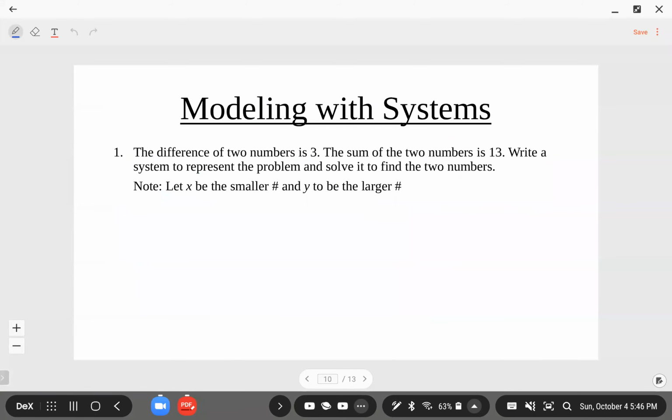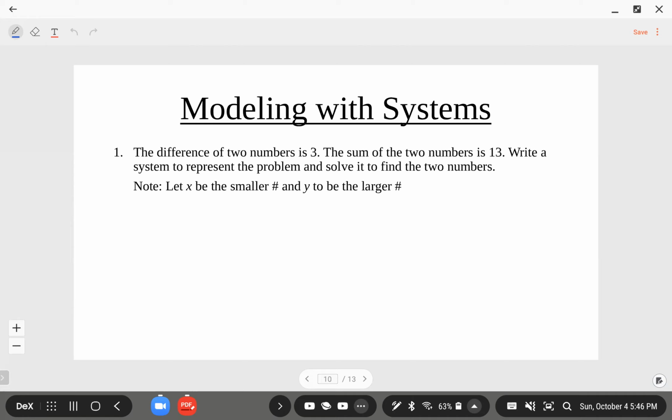Our next subject would be modeling with systems. Okay, so modeling, you want to represent the problem. Let me walk you through the first one, and then the rest should be pretty easy to understand. Because with systems, let's say you go into the real world.